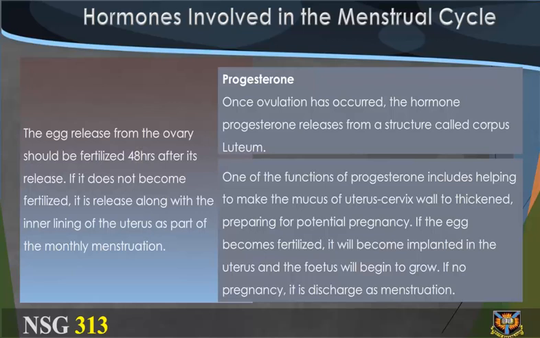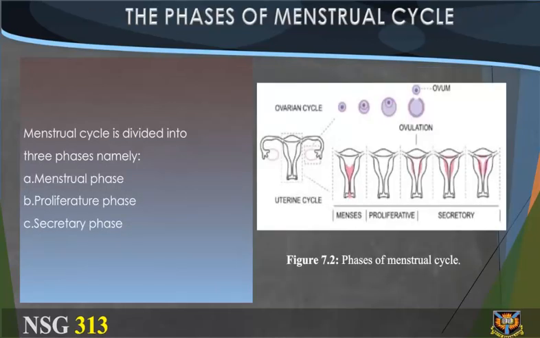If no pregnancy, it is discharged as menstruation. The phases of the menstrual cycle. The menstrual cycle is divided into three phases, namely: A. Menstrual phase, B. Proliferative phase, C. Secretory phase. Diagram of the phases of the menstrual cycle.